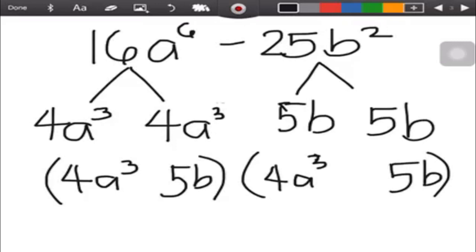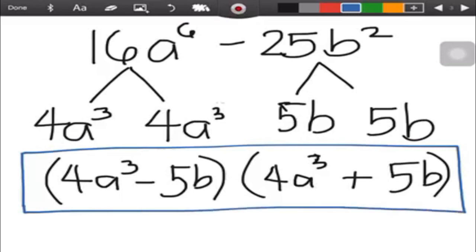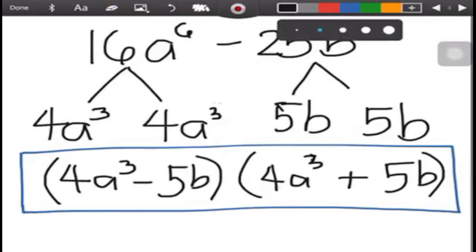And then you write the different sign in between them. So in this case, we will use minus first and then plus. Either way, if you want to use plus first or minus first, it's okay. So here is the final answer for this example.